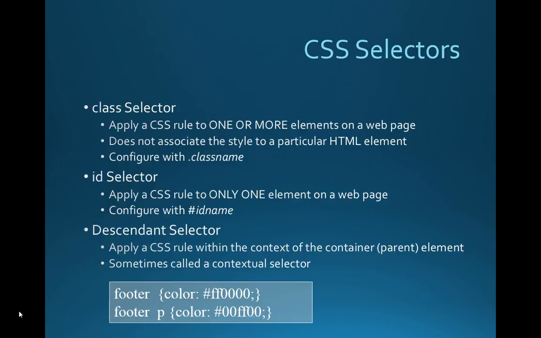So how many footers do you think you're going to have on your page? How many footer elements do you think you'll have on a page? Probably one. How many headers do you think you might have on a page? One, the actual header element itself. How many mains do you think you might have on your page? One.